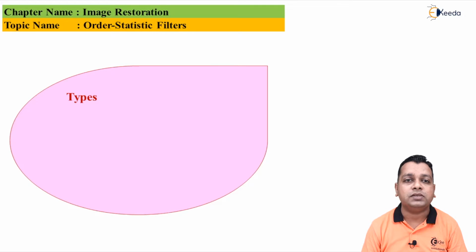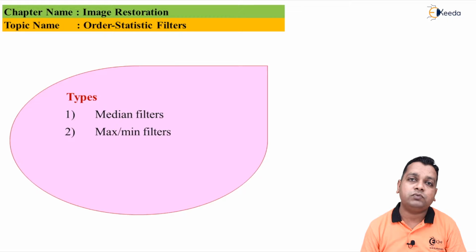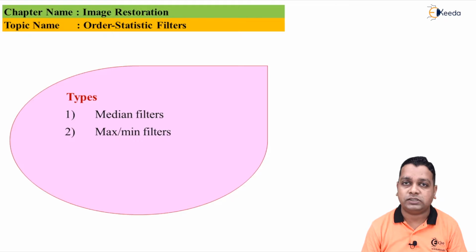So here the various types we can list under the title order statistic filters. The very first will be the median type of filter. Also we have the maximum or minimum type of filters. In the median filter we can take the case of 50% of the selection value, whereas in the maximum it is 100% of the selection value.